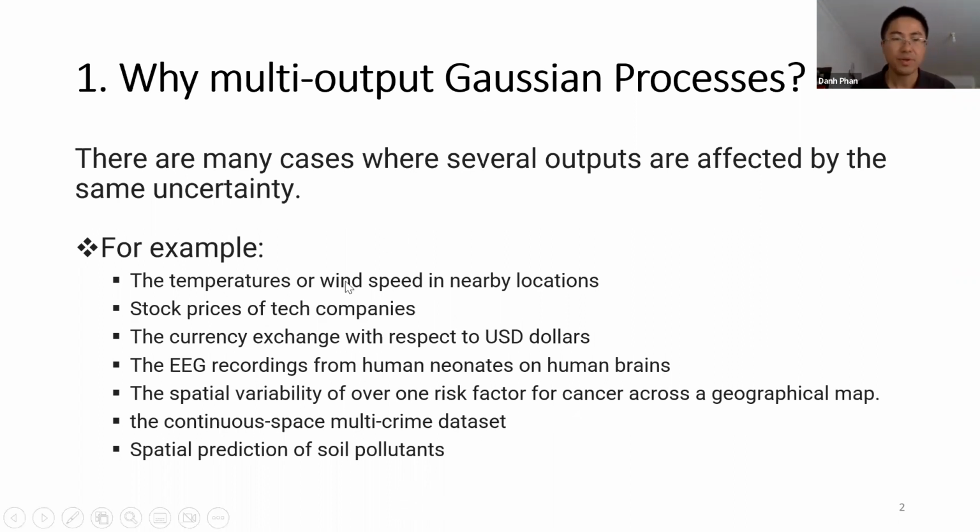To give you some examples, we have temperature or wind speed in nearby locations, and stock prices of technology companies, which might have some underlying uncertainty related together, or maybe currency exchange rates with respect to the US dollar, or the EEG recordings from different locations of the human brain, or other kinds of information like crime rate or rate of cancer in different locations, or soil pollution networks.